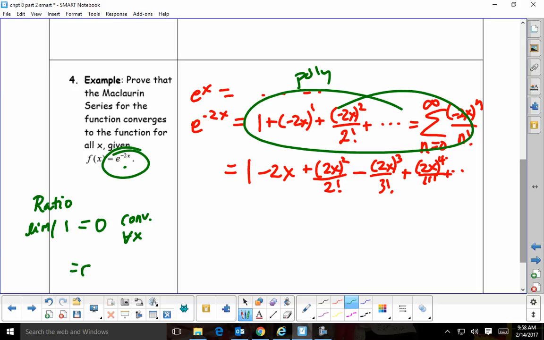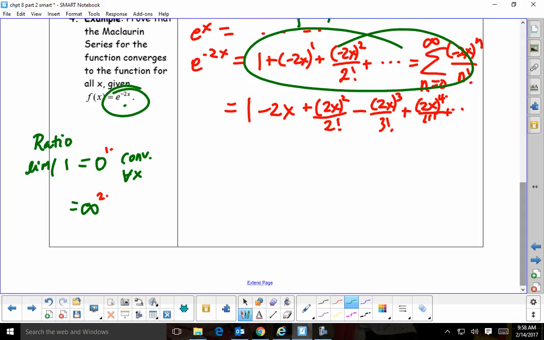If that limit equaled infinity, that's option 1, that's option 2. If that limit equaled infinity, what happened? Does it diverge everywhere? No. It's everywhere but where you're centered. So it's only going to converge at that center.